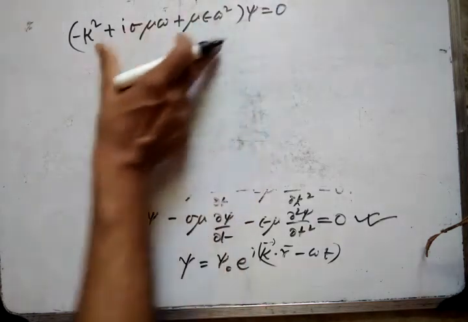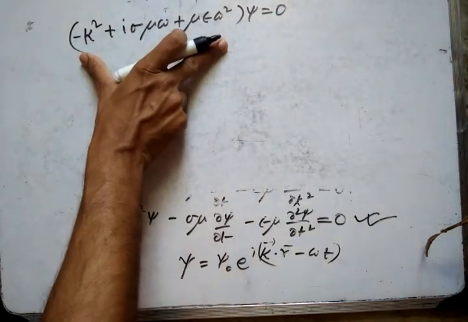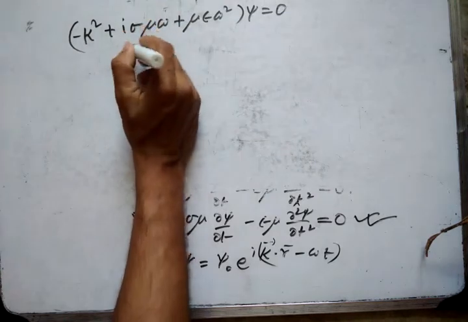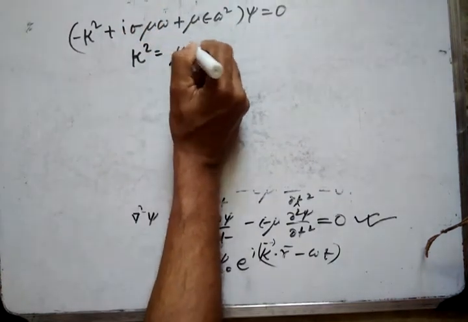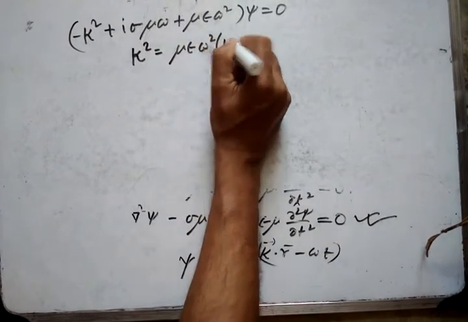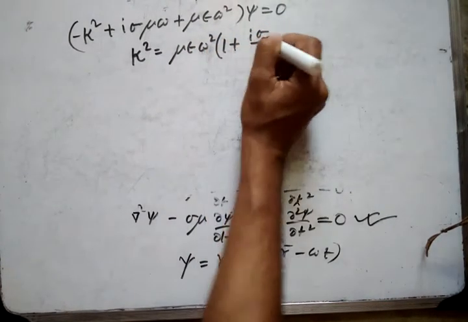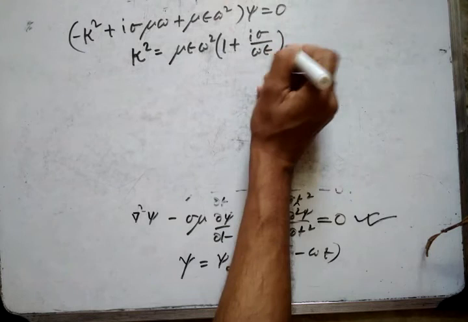Since psi is arbitrary, the term in the bracket is 0, and we get k square equals mu epsilon omega square into 1 plus i sigma by omega epsilon.